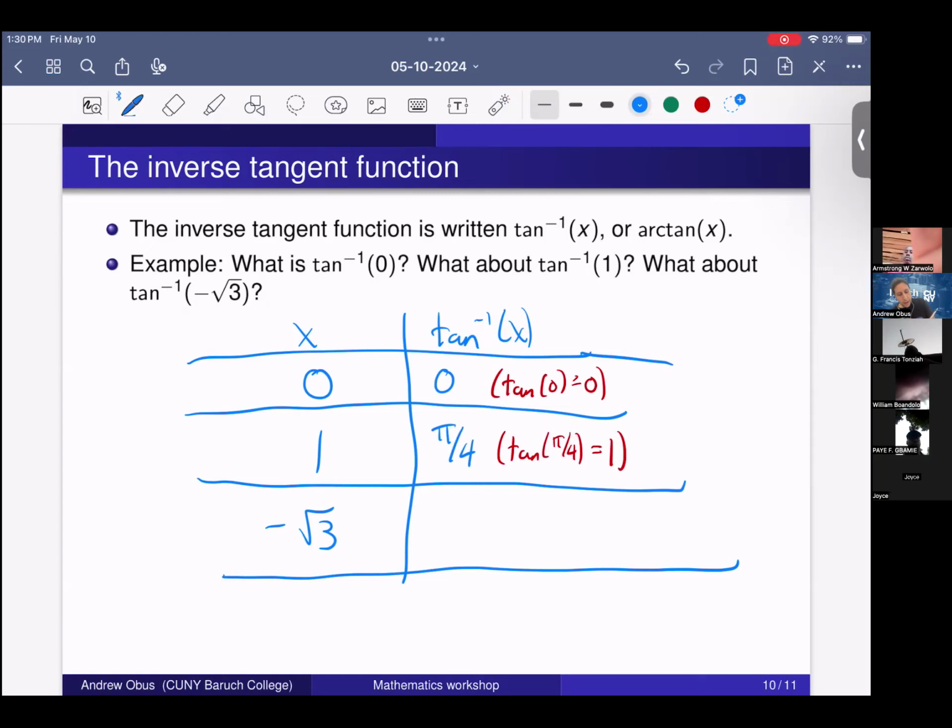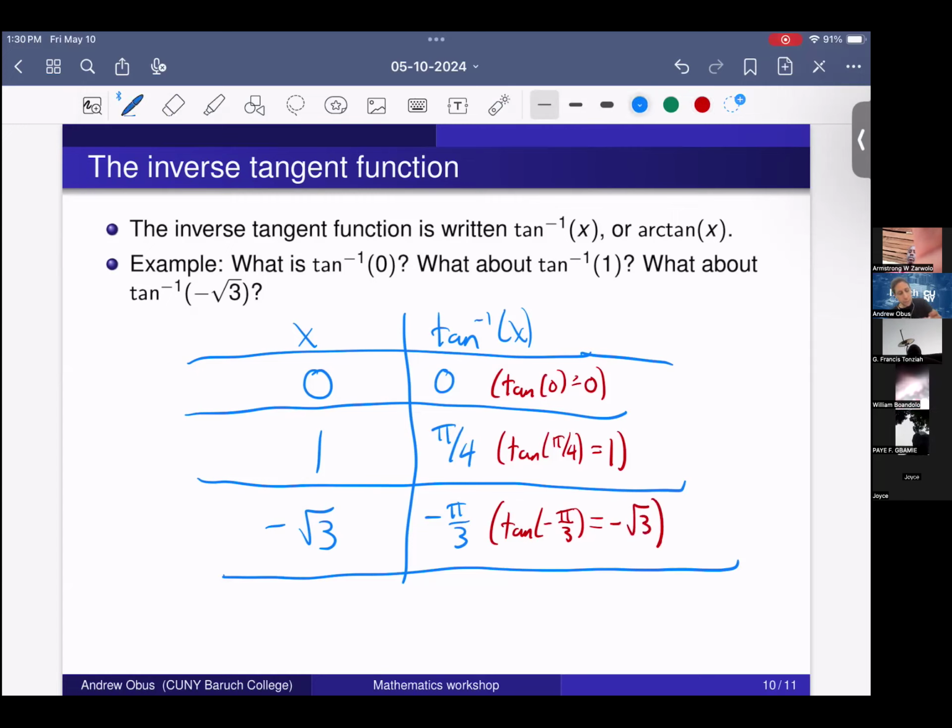And then tangent inverse of negative root 3 is a little trickier, but it's going to be, sorry, not 2 pi over 3, it's going to be equal to negative pi over 3. That's because tangent of minus pi over 3 is equal to negative square root of 3.